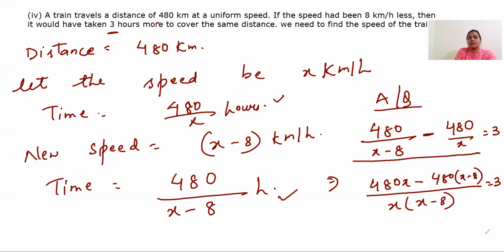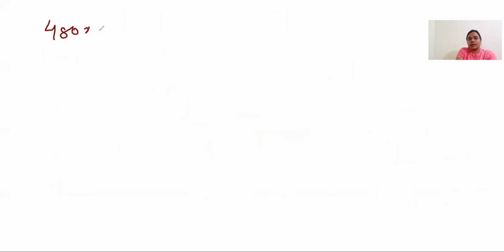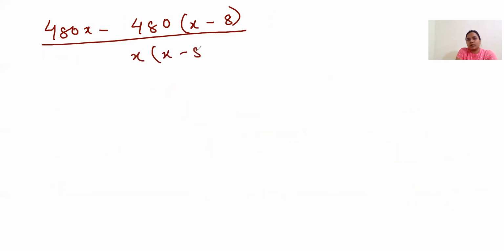480x minus 480 times x minus 8, upon x minus 8, is equal to 3. If you want, you can take 480 as common also.